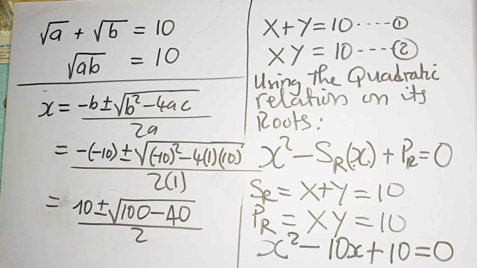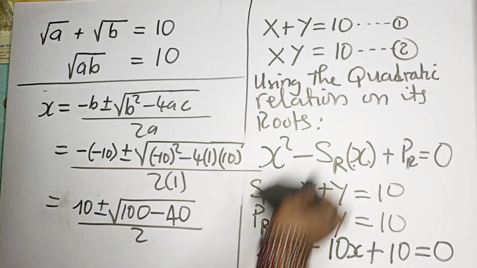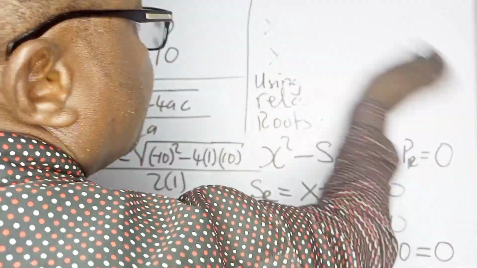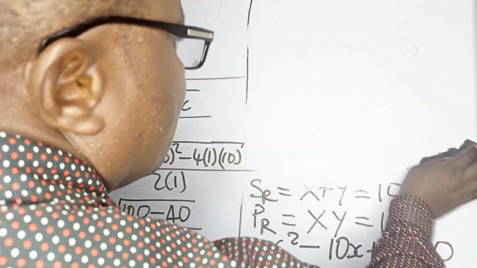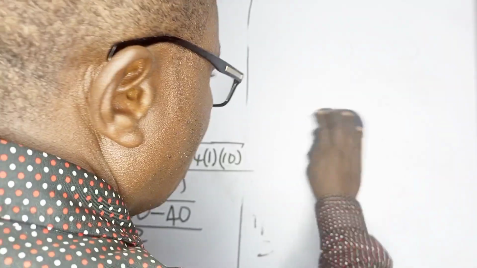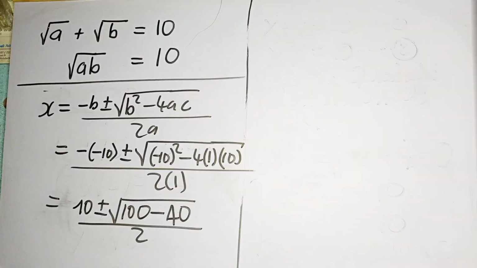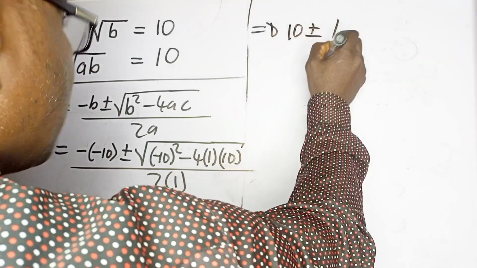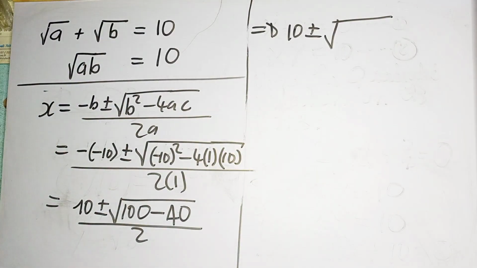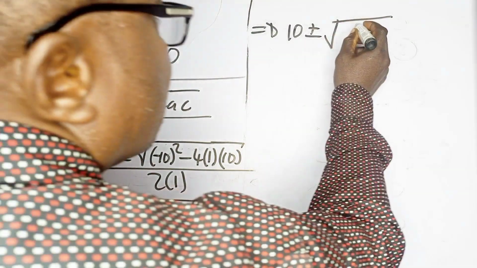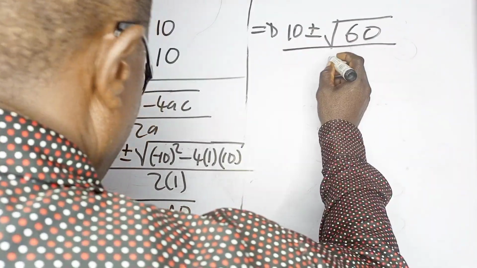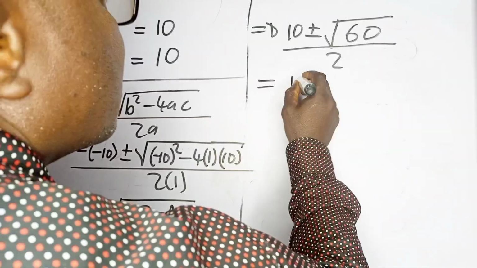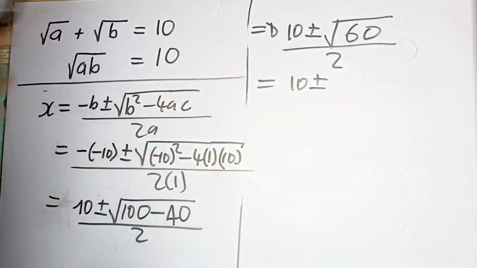Okay, now this gives us 10 plus or minus the root of 100 minus 40, which is 60, all over 2, which is 10 plus or minus.